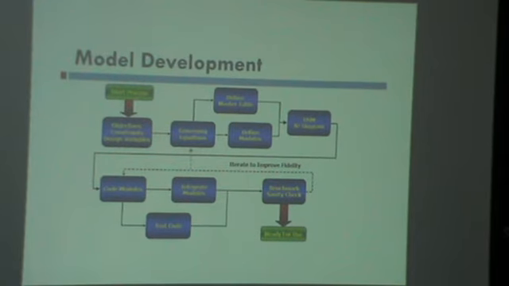What is fidelity? You must have heard it said, it's a high fidelity model, it's a low fidelity model. Fidelity is actually the detail, or the level of content which you have.